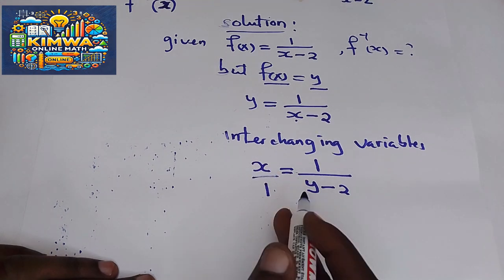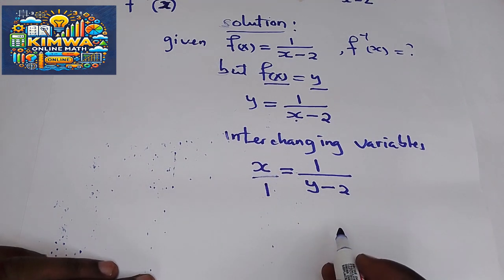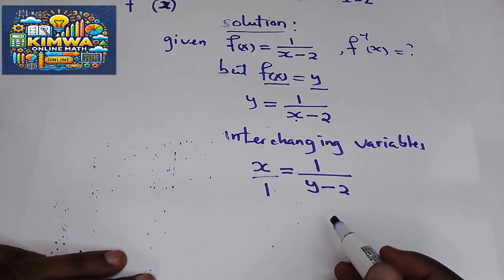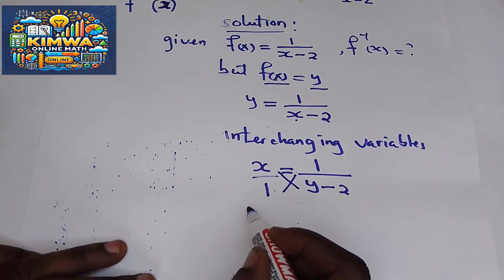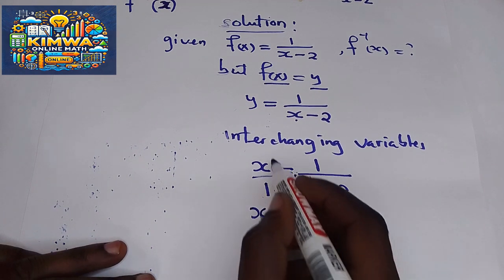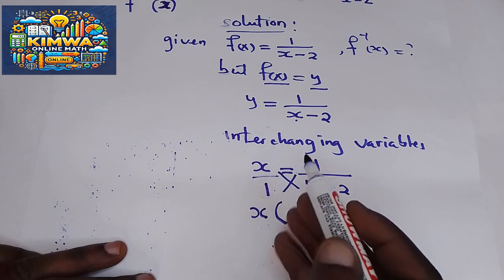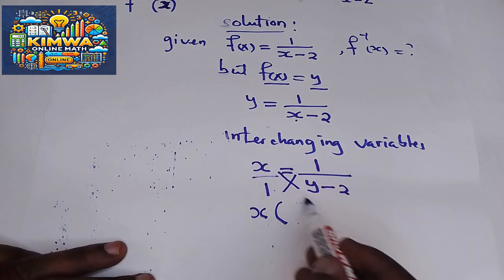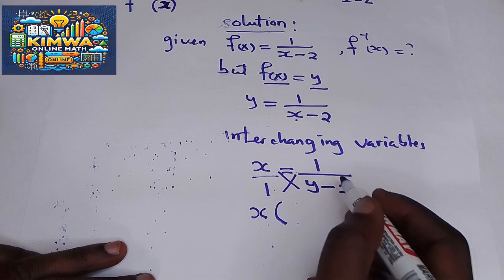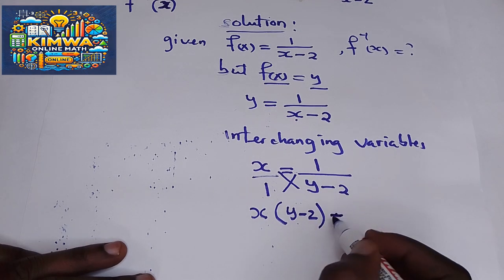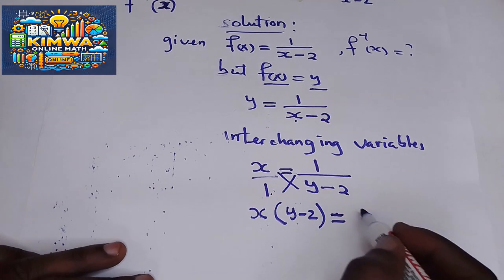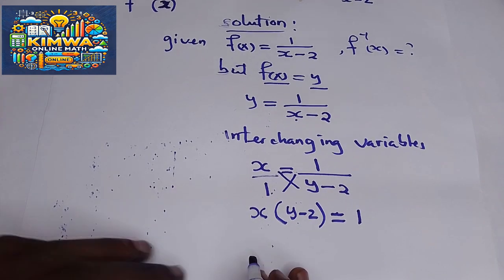Now there is a fraction on both sides, so we are able to break down the fraction by cross multiplication. The x, as the numerator on the left hand side, will be multiplied by the whole denominator of the right hand side, which is y minus 2. This is equal to 1 times 1, which is equal to 1.